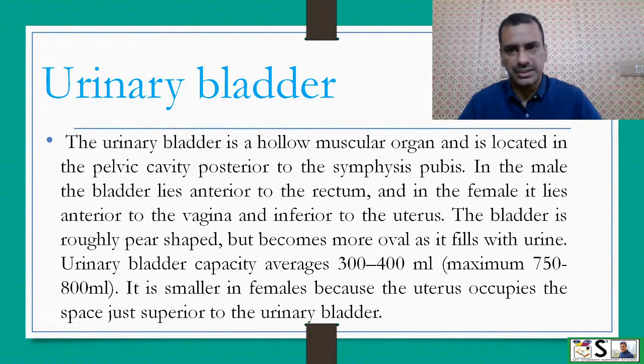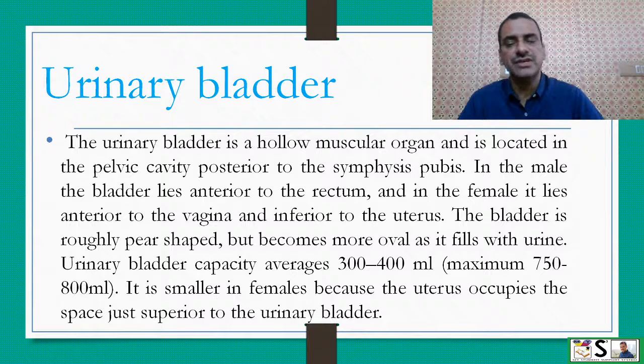Urinary bladder. The urinary bladder is a hollow muscular organ and is located in the pelvic cavity posterior to symphysis pubis. In the male, the bladder lies anterior to the rectum, and in females, it lies anterior to the vagina and inferior to the uterus.